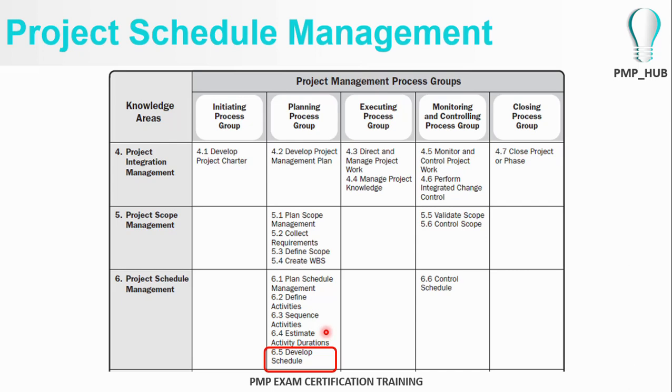Now, at this moment, we have the activities defined, we know their sequences and relationships, and we have the activity durations estimated. With all this information, we are now in a position to develop the project schedule.